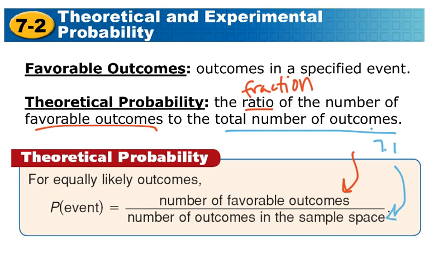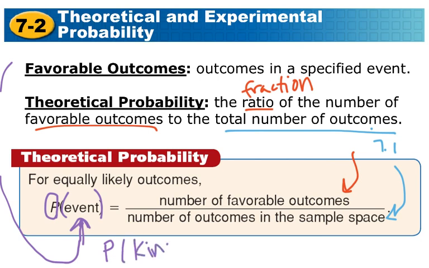We often write our probabilities with P for probability, and then inside the parentheses we put what we want as our favorable outcome. For instance, we might do the probability of a king of hearts if we're using a deck of cards. Sometimes we'll write the whole thing, sometimes we'll put symbols in, but the idea is that you're finding the probability of what's inside the parentheses.